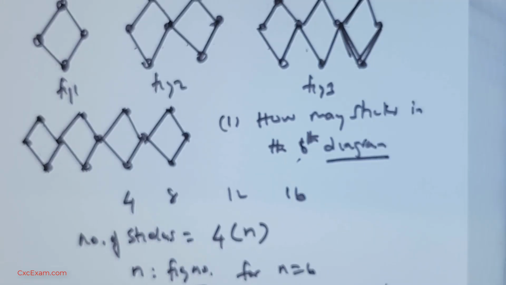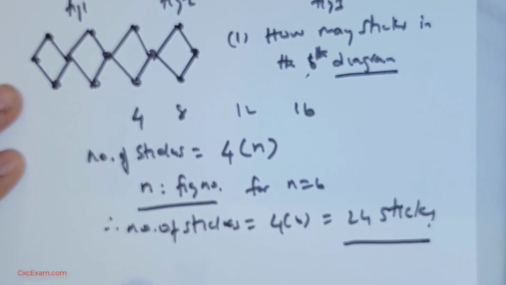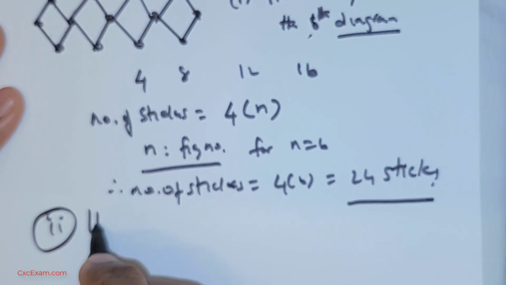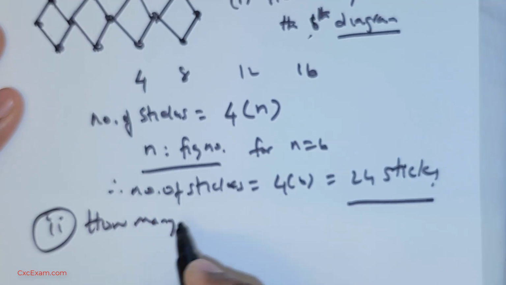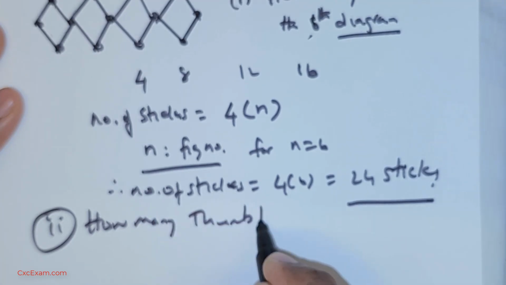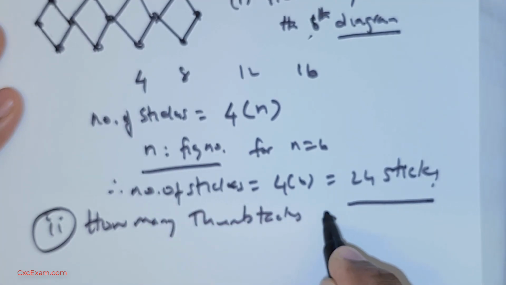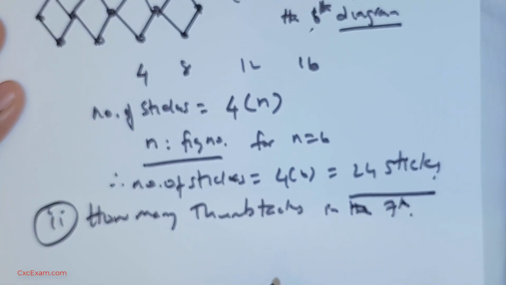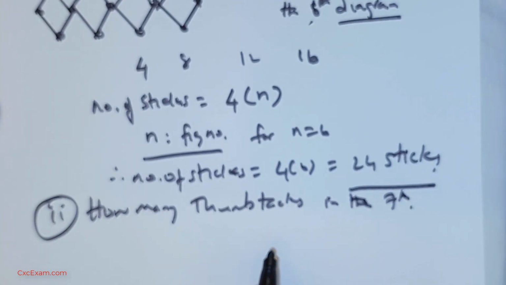Now how many thumbtacks are in the seventh diagram? That is the next question. Next question is what? How many thumbtacks in the seventh? Okay. Now for this we will have to go to the table.